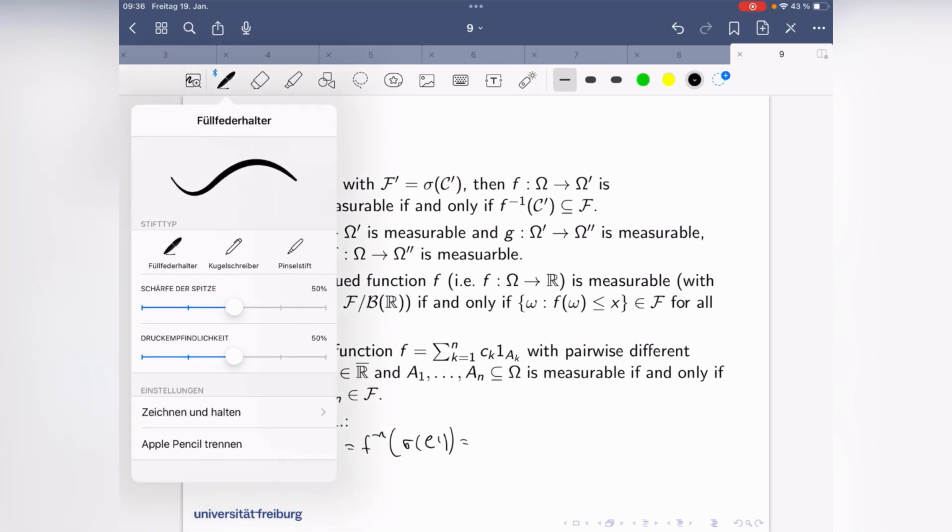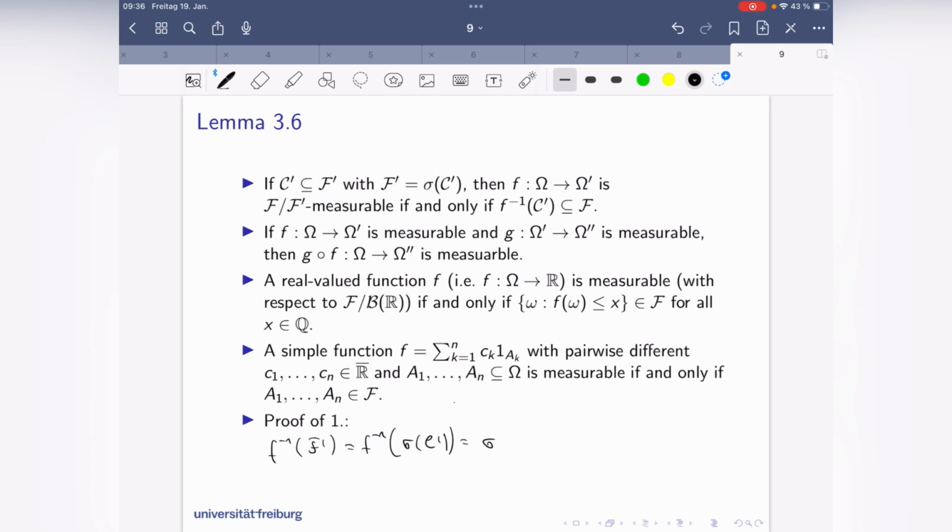That's sigma of F to the minus 1 of C prime, which is a subset of sigma of F.